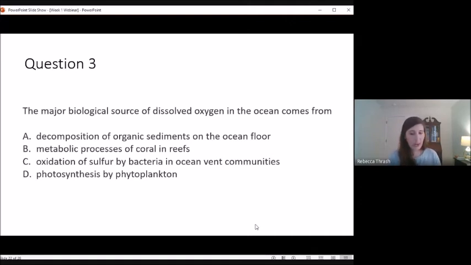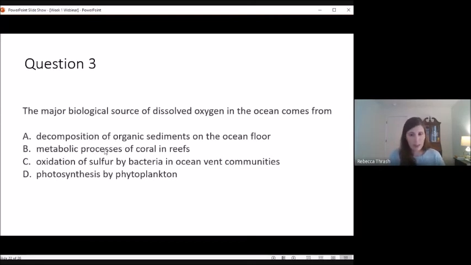So let's check out A first. Decomposition would actually be increasing the demand for oxygen, because this is basically cellular respiration. You've got decomposers that are breaking down dead and organic sediments. So that would use oxygen, definitely not increase oxygen in the water.